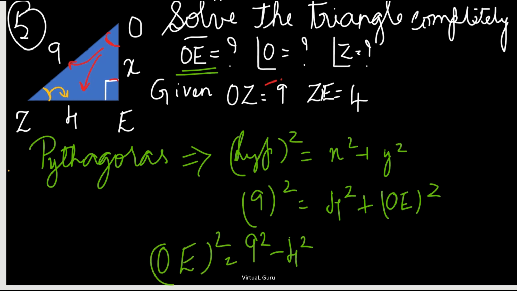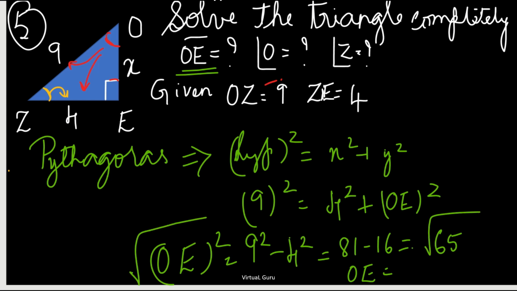So that will be 81 minus 16, that is equal to 65, and OE is equal to, if you take the square root on both sides, the root and the square get cancelled, so what remains is only OE, and the square root of 65, that will be equal to 8.06. Even here you have two options.